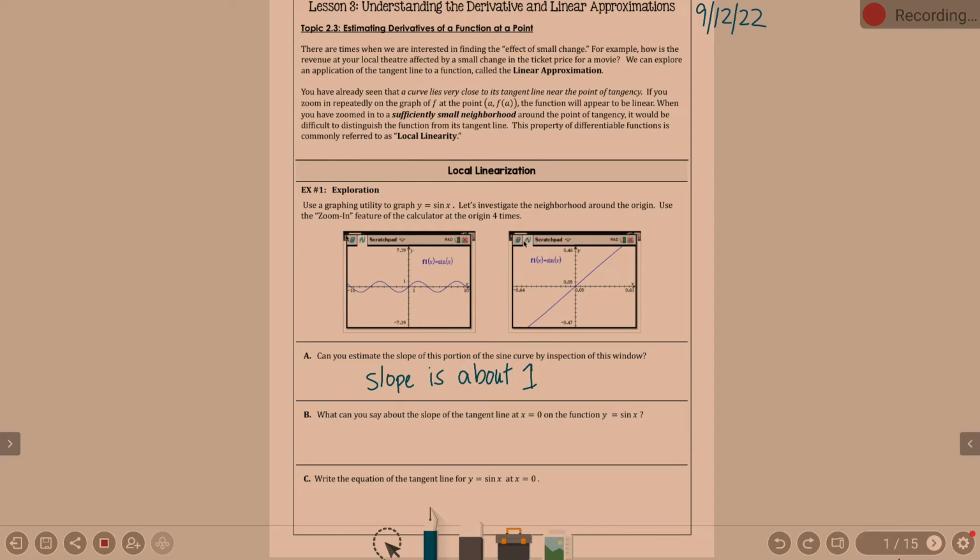Slope is about 1. What can you say about the slope of the tangent line at x equals 0 on the function y equals sine x? Well, what did we just talk about? The slope of the tangent line is going to be 1 at this point, isn't it? Because we've zoomed in so much, we can see that.